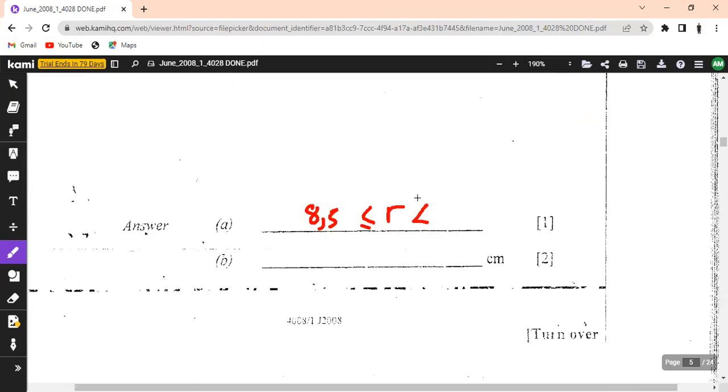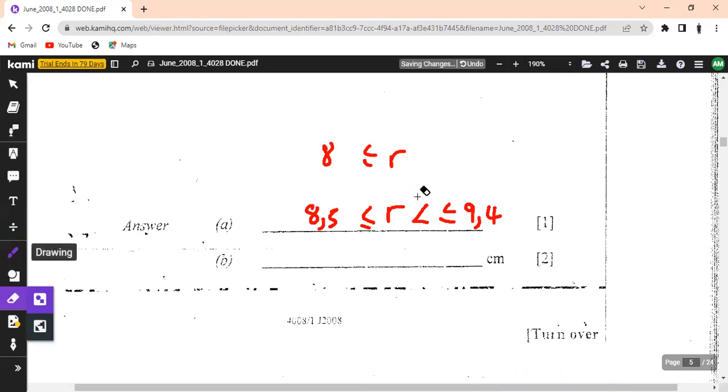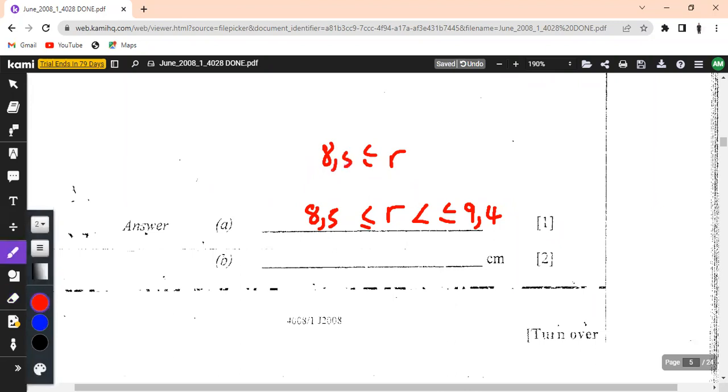So take note, it's about the inequality sign that you are going to use. If I use less than or equal to, I'm going to use 9,4. If I use less than, I'm going to use 9,5.